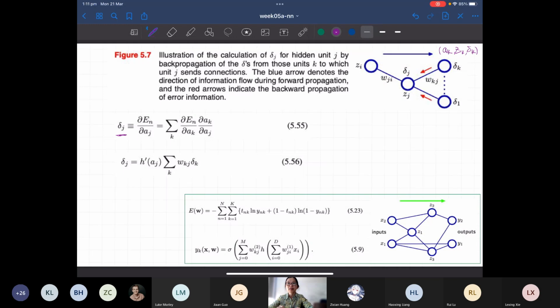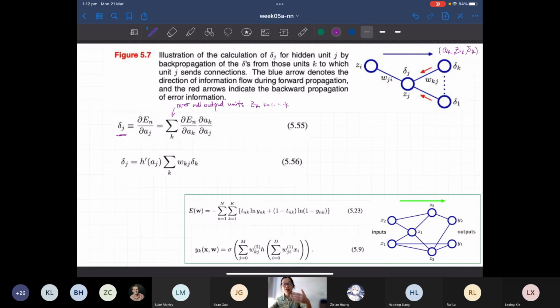So in 5.55, this is the key backprop equation, which basically says, if I have K output units and the network is fully connected, then each of these output units on the same data point depends on this intermediate hidden unit Z of I.